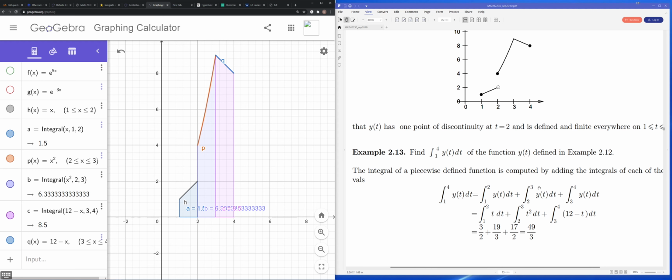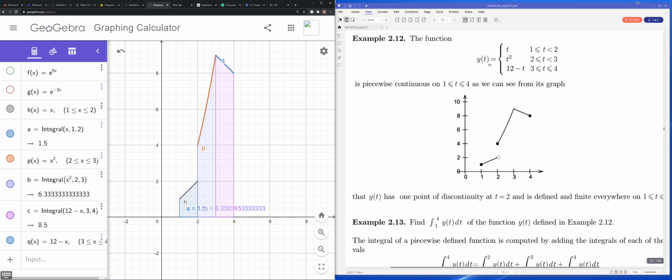So if I want to integrate this function from 1 to 4, you need to integrate from 1 to 2, then integrate from 2 to 3, and then integrate from 3 to 4. When you add up these areas, you get the total area under the curve, which is the integral from 1 to 4.